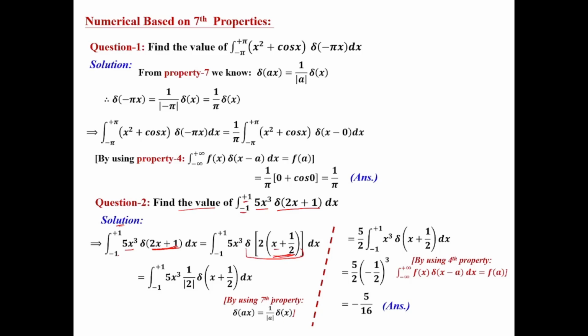Now we are going to apply the seventh property, which is delta of ax equals 1 by mod a times delta x. Here you can see this is in the form of delta of ax, where a is 2 and x is x plus 1 by 2.